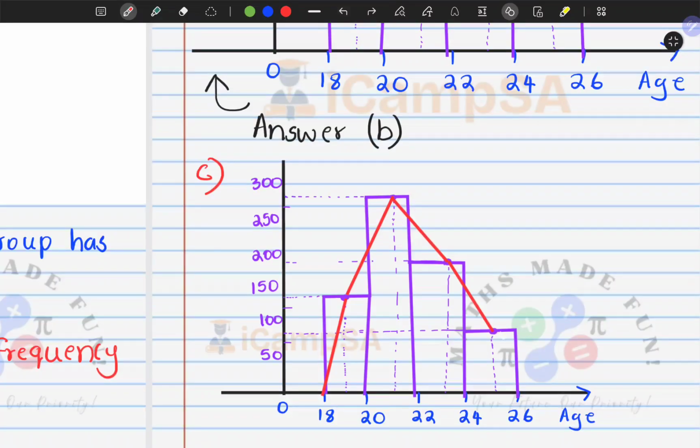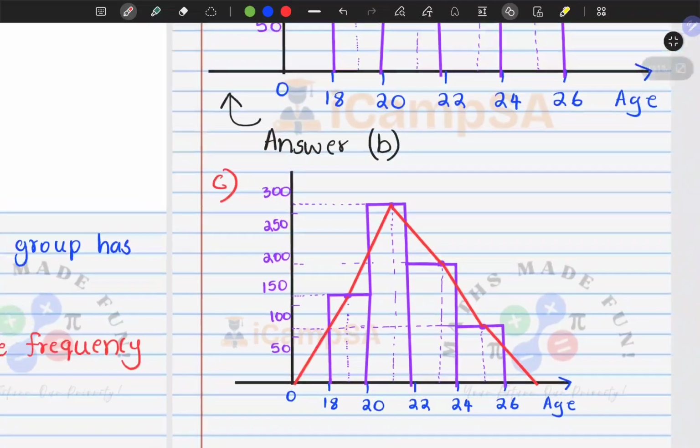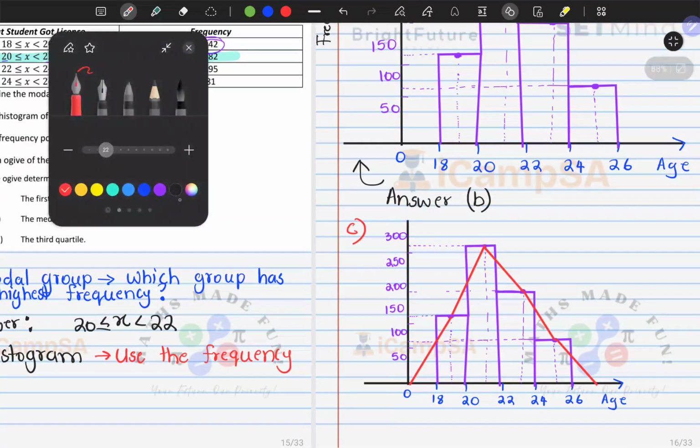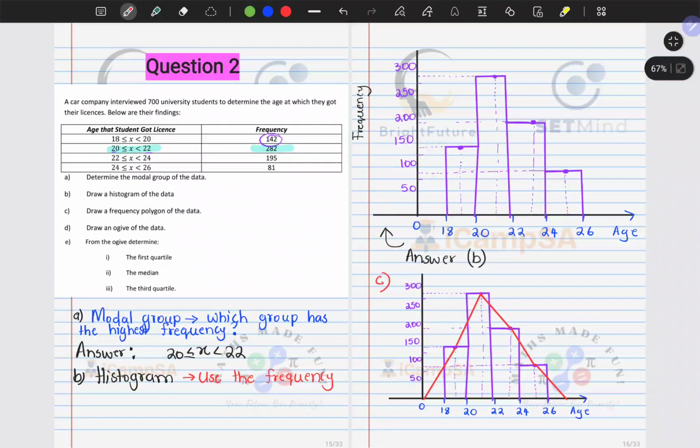In fact, it should go down somewhere there. And then let's quickly remove this one here. So it's going to be that, and it's going to be that. Okay. So I hope that this does make sense and that answers your question.